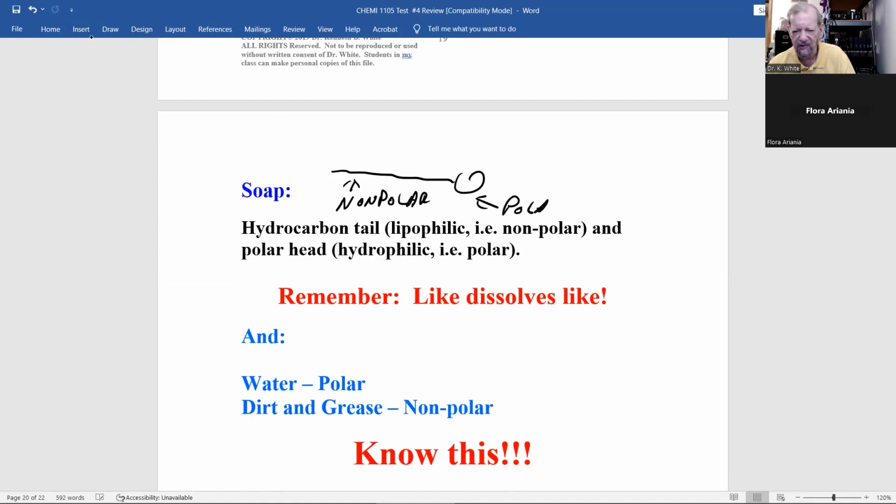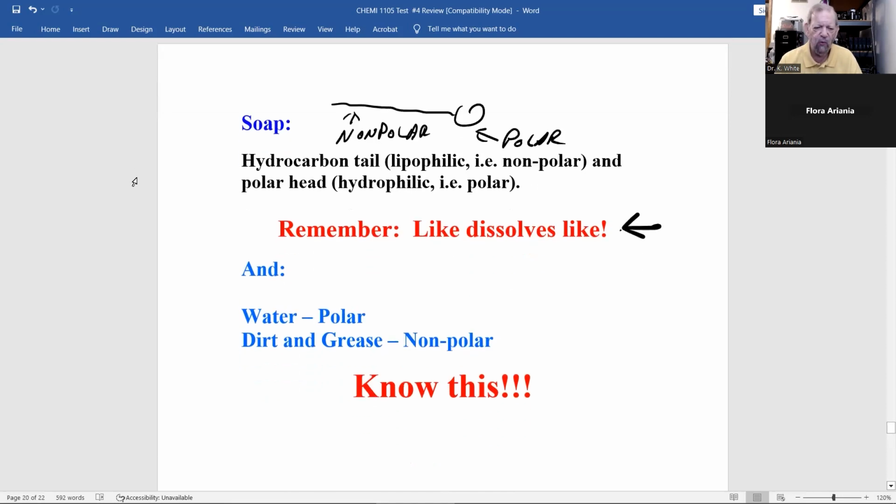And you should know this. The important piece of the puzzle is like dissolves like. And you should know water's polar, dirt and grease are nonpolar.